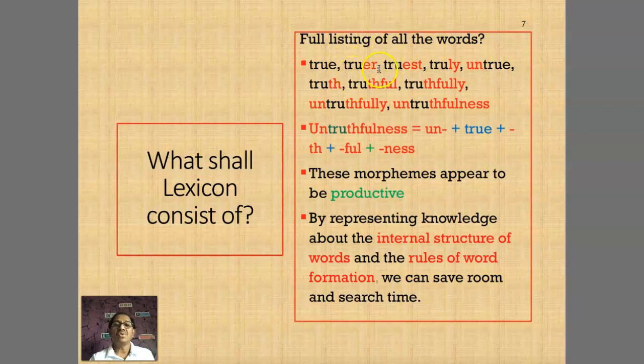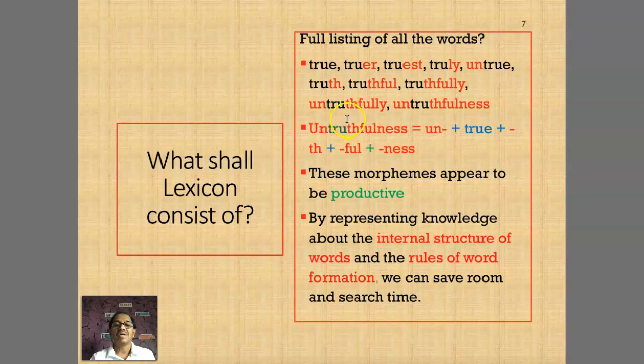So what we need is a stem and derivation of all the other words by adding morphemes, affixes. So what we need is a lexicon that should contain the stems and morphological rules. So here is a word which is derived from true. So you have the word true as a stem.